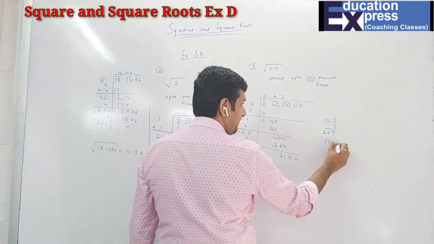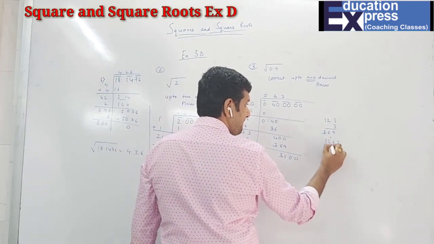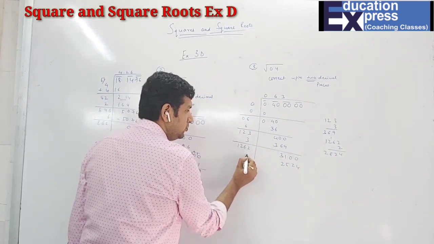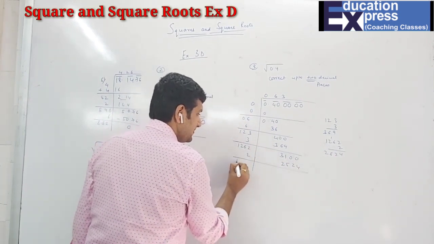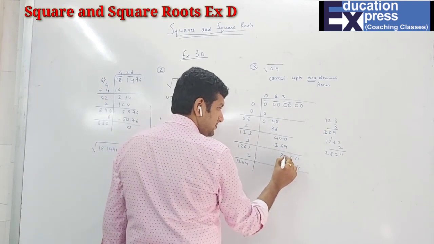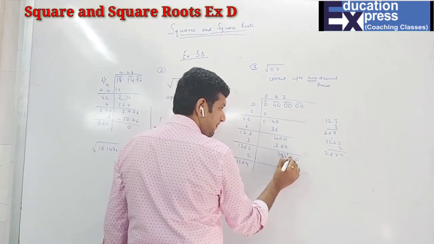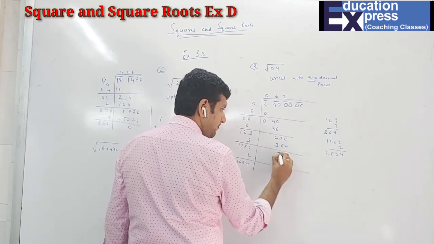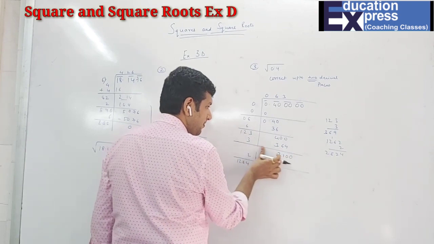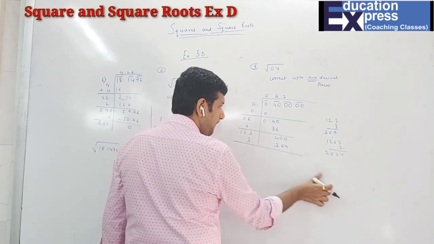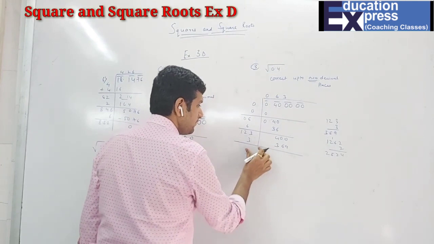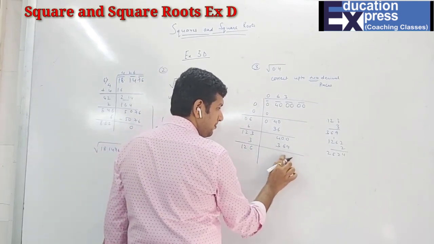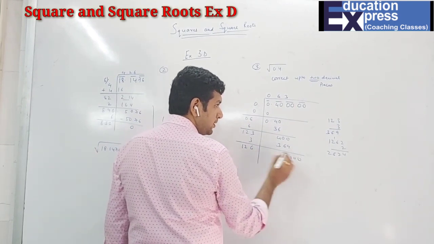I can go for 2. So it's 2 5 2 4 2 and 2. 1 place.